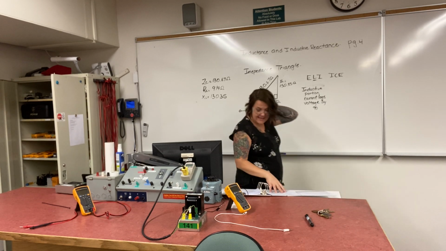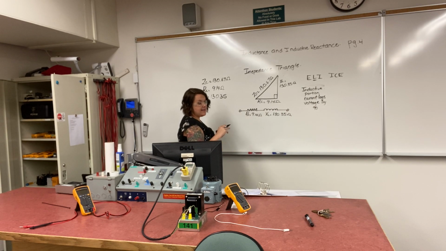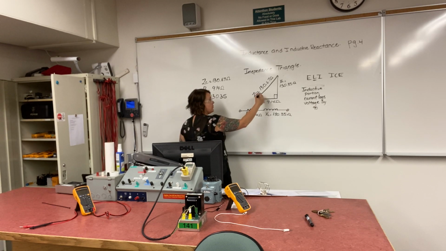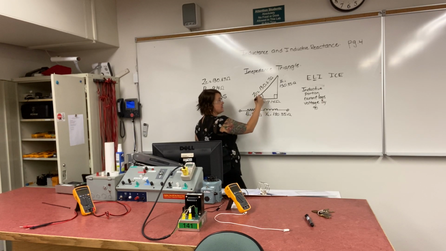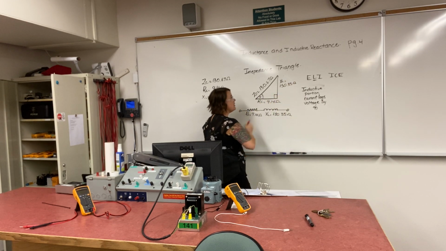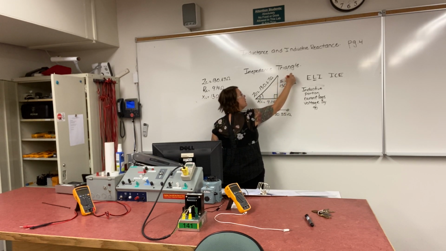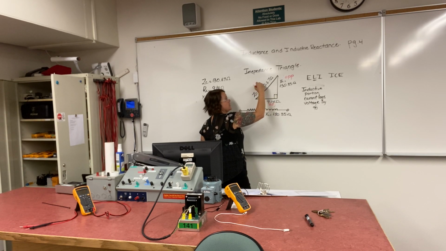Okay, so what is the angle of opposition for the coil, which is the second part? So to find the angle theta here, what would we do? I have all three sides in reference to angle theta: my opposite side, my adjacent side, and my hypotenuse side.